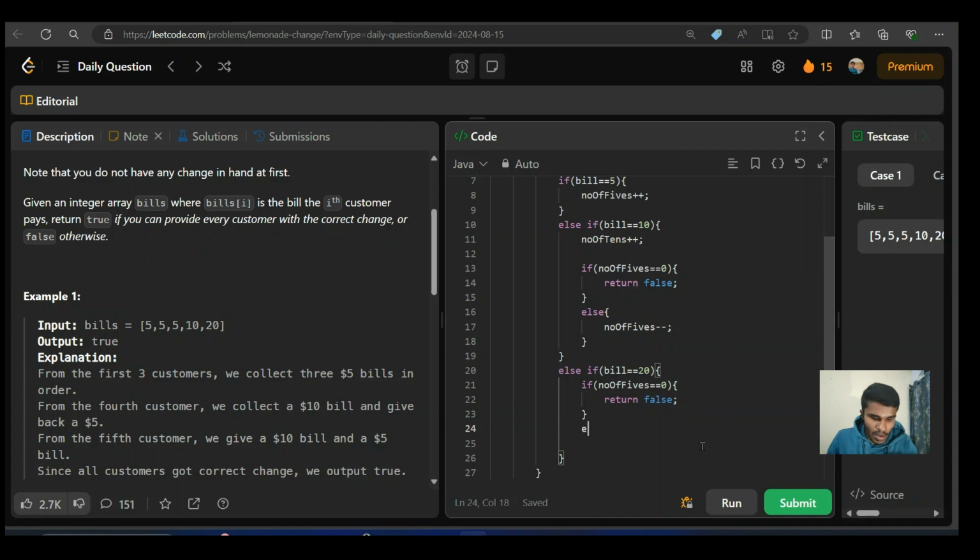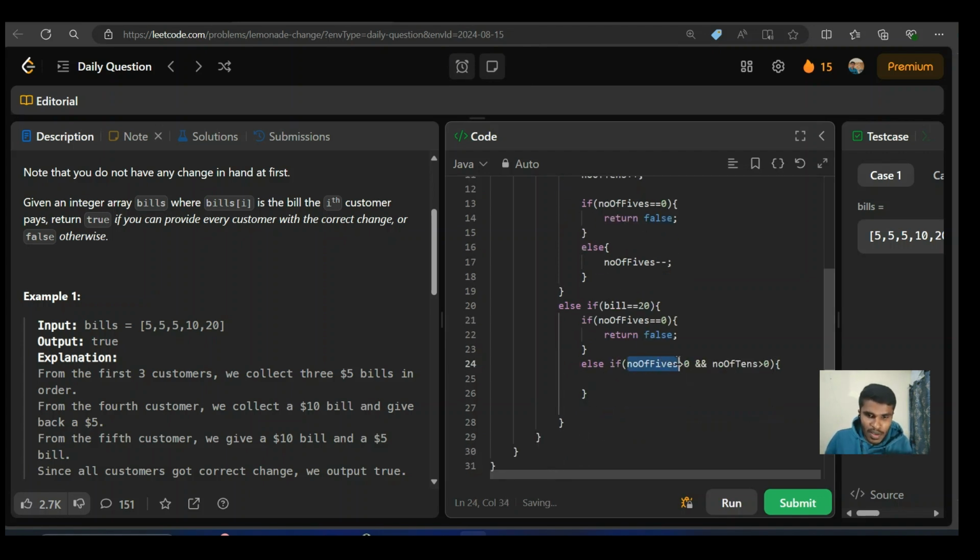Else if number of fives greater than 0 and number of tens greater than 0, then I decrement number of fives counter and number of tens counter here.